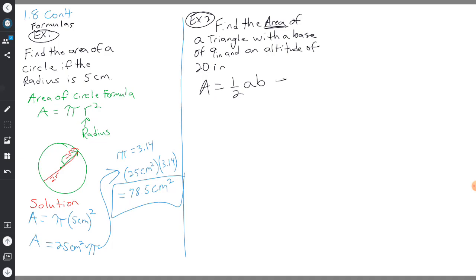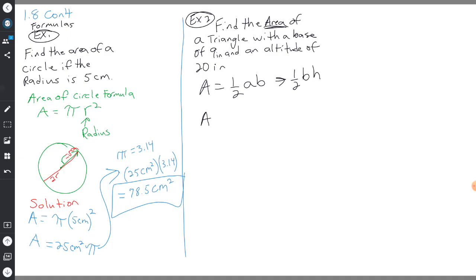Sometimes it could be represented as the base times the height, but it means the same thing. The height would be the altitude and the base would be the bottom of it.